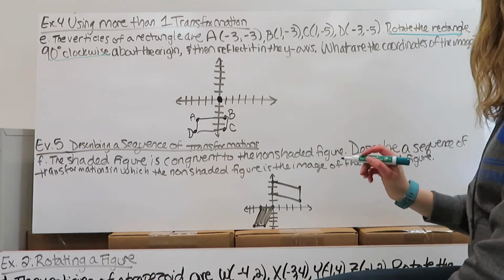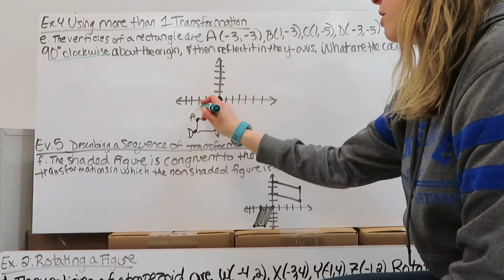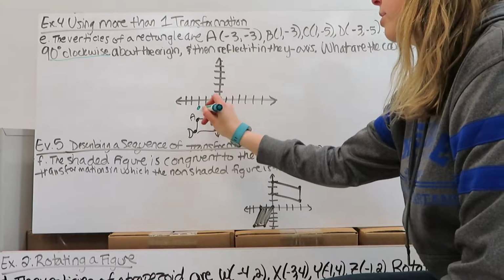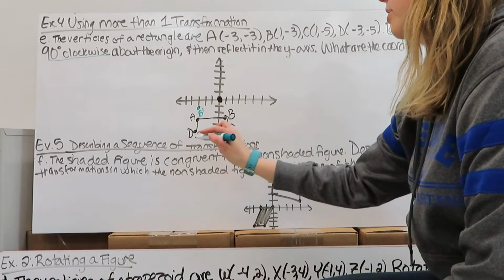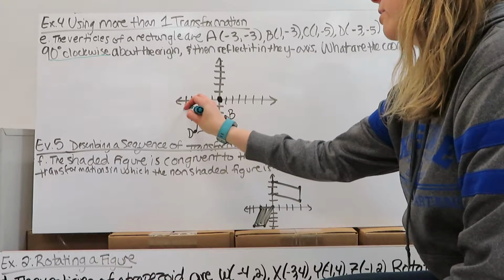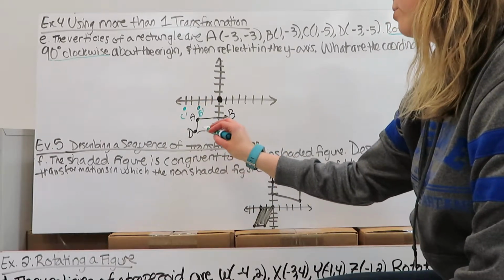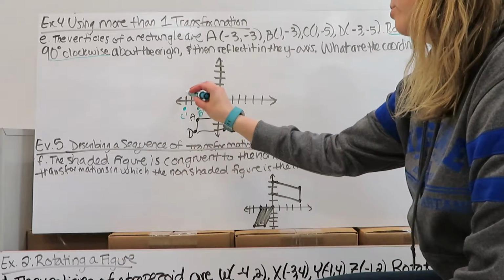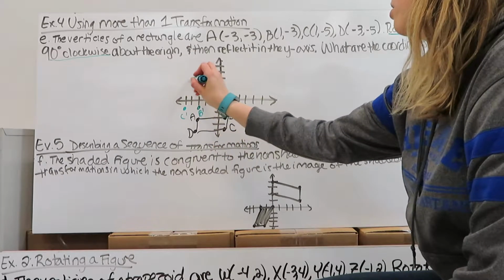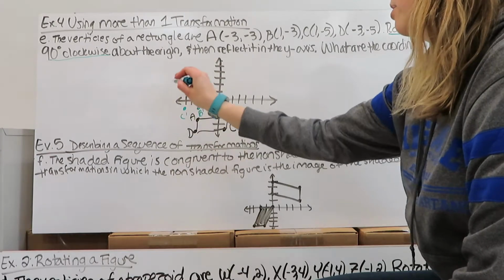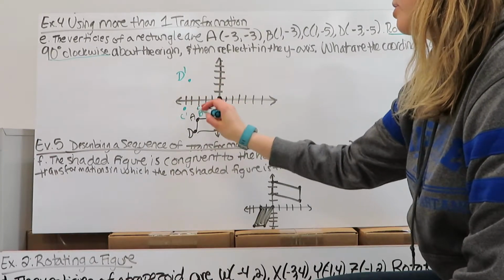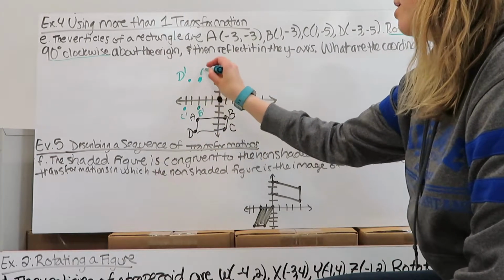This time B is gonna go 3 to the left and 1 down. There's my B prime. C is 2 to the left, there's C prime. D is going to be 1, 2, 3, 4 above that one. There's my D prime. And lastly, my A prime is 2 to the right of that.